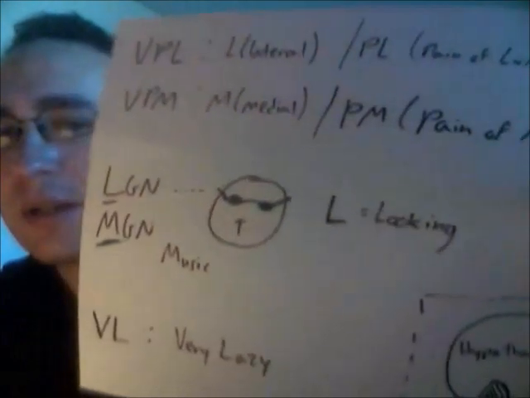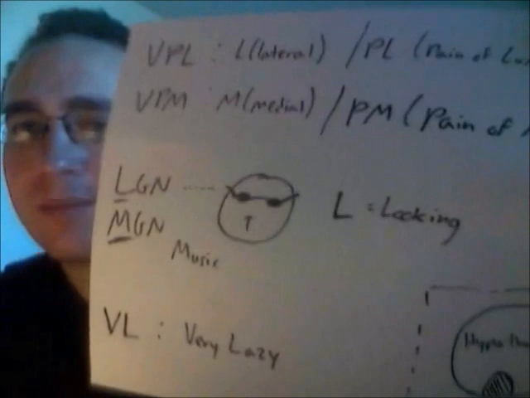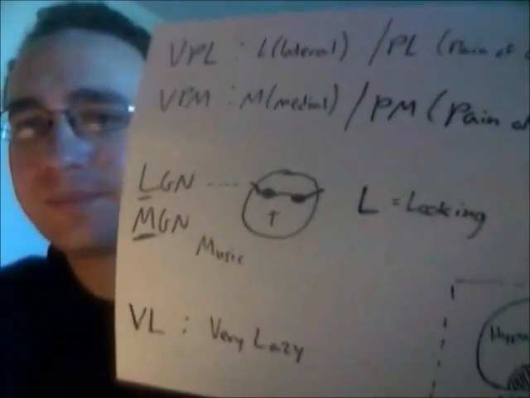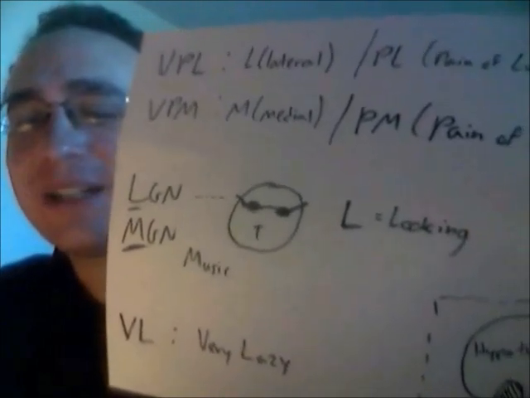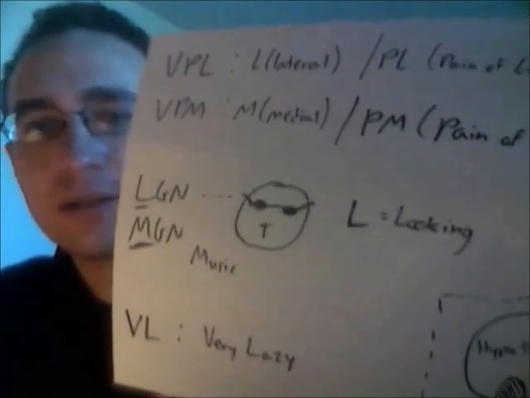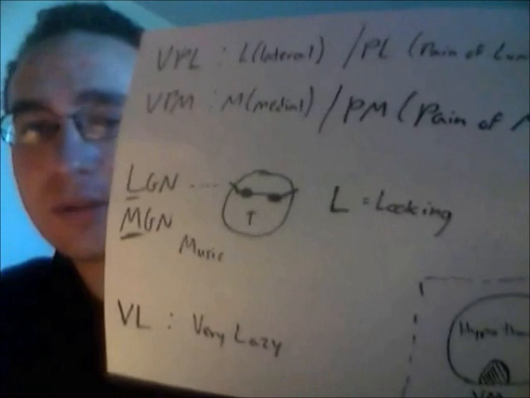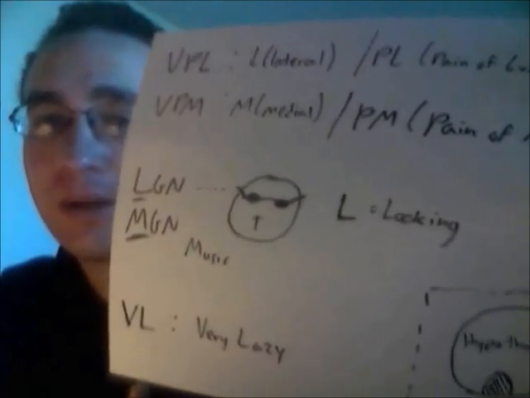And then the lateral geniculate nucleus and medial geniculate nucleus. Lateral geniculate nucleus, you can think of a thalamus wearing a pair of shades, or it's looking, L for looking. Medial geniculate nucleus, I think M for music, because this is for hearing.